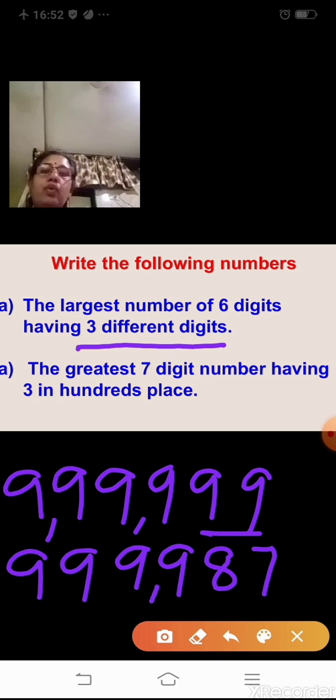So now it is 9,99,987. So 9 is one digit, then 8 is a second different digit and 7 is a third different digit. So you are getting 3 different digits and you have formed the largest 6-digit number having 3 different digits. So understood how to form? Yes. Now see the second question.